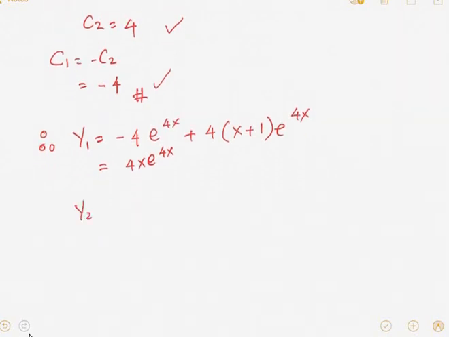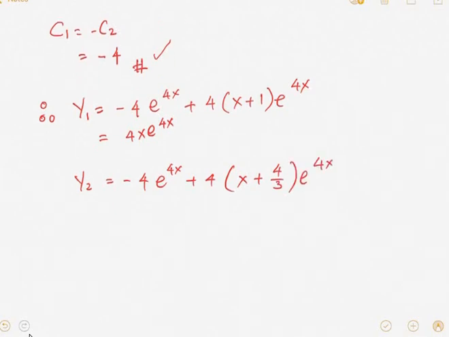And then y2 equal to negative 4 e to the 4x plus 4(x plus 4 over 3) e to the 4x, which is negative 4 e to the 4x plus 4x e to the 4x plus 16 over 3 e to the 4x.